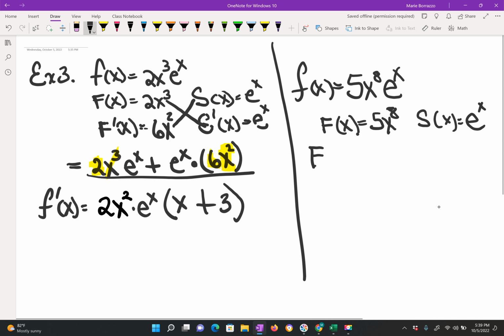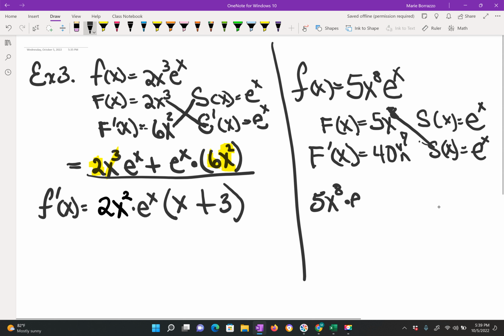We take the derivative of the f of x. This gives you 40x to the 7th power. This s of x, its derivative is simply e to the x. So if we cross multiply, this will give you 5x to the 8th times e to the x plus 40x to the 7th times e to the x. I'm writing them in the same order this time, now that I hope you feel more confident.